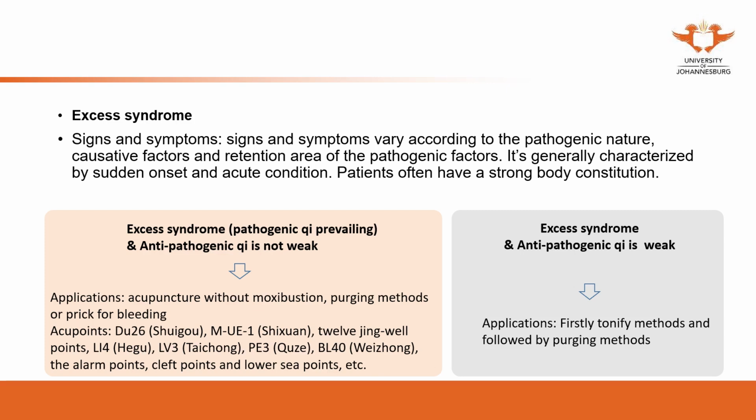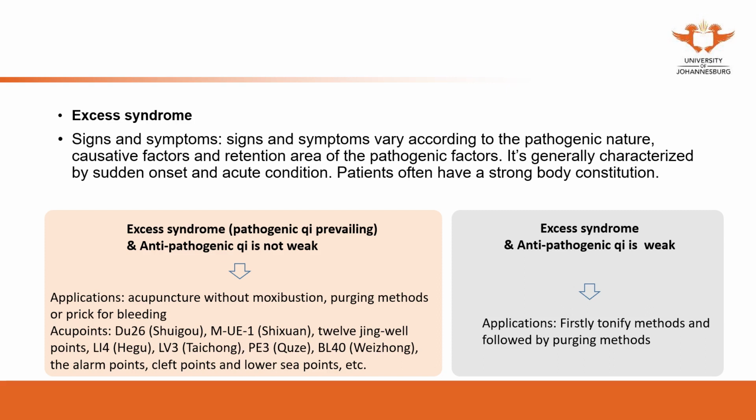We also need to keep in mind that these syndromes sometimes can present independently, and sometimes can present as a combination. For example, in the previous slides we said yang deficiency, yin deficiency. That's yang and yin, so they can present as a combination. You also can develop into each other. For example, yang deficiency can develop into yin deficiency, or actually develop into yin and yang deficiency.